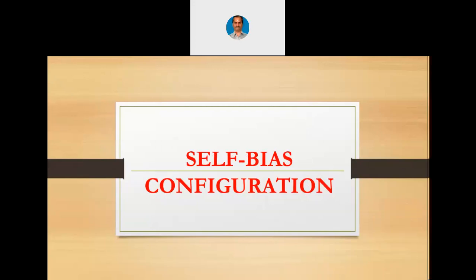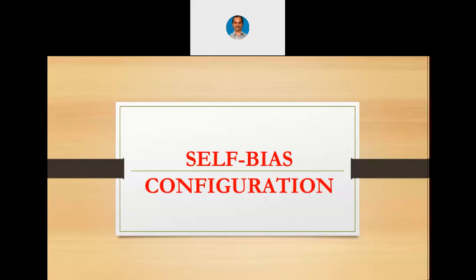In the last class we had discussed the fixed bias configuration of JFET, and we had seen that there are two approaches. One is a mathematical approach and one is a graphical approach. The graphical approach is the easier one, whereas the graphical approach can have inaccuracies also.